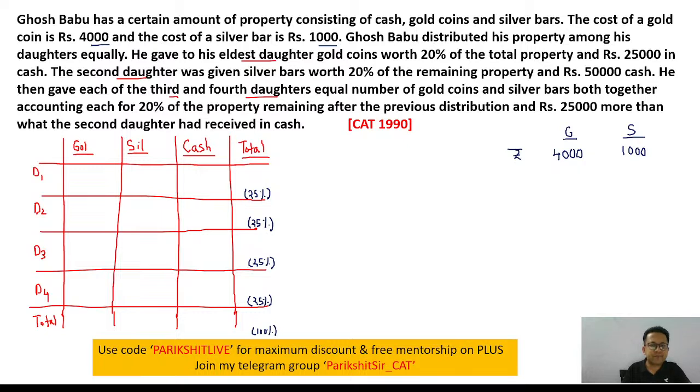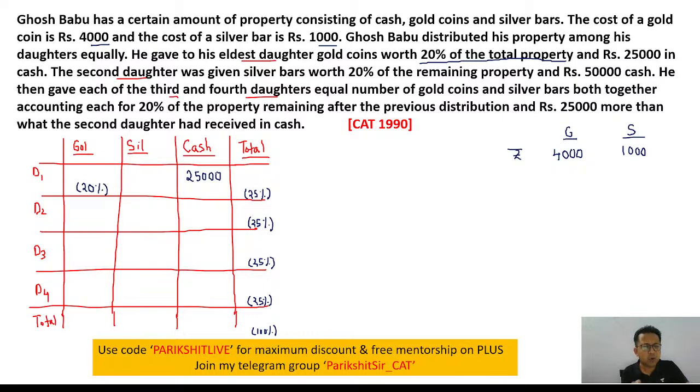Next, he gave his eldest daughter gold coins worth 20% of the total property. So to the eldest daughter, how much did you give? You gave gold coins worth 20% of the total and rupees 25,000 in cash. Now think about it. You gave the eldest daughter two things: gold coins worth 20% and cash worth 25,000.